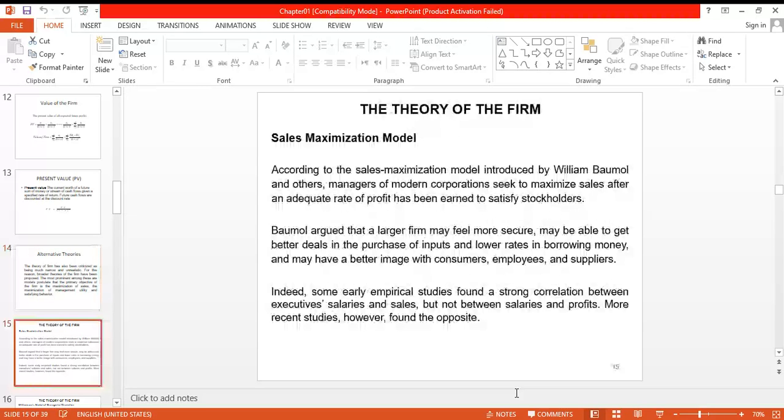Now, it can be argued whether that's a good objective or a bad objective, but that is one of the objectives of the firm. I can give you a classic example of this. For example, when the airline giant Boeing went out of business, a lot of people suffered, but the managers of the firm, the directors of the firm, walked away with hefty packages, which were rewarding, and no one asked them, why are you getting all this when the company went into bankruptcy on your watch.